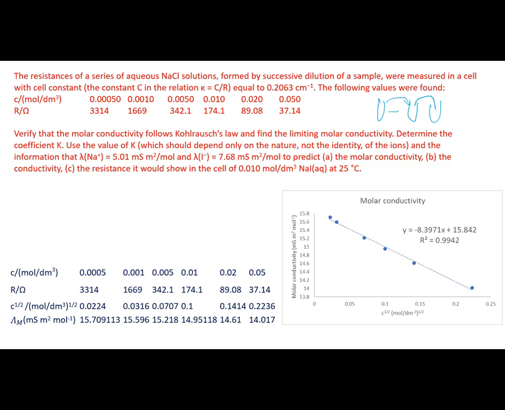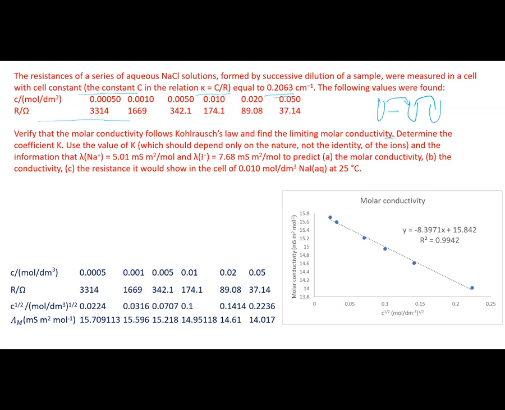And the resistance of these series of solutions were measured in a cell with a cell constant equal to 0.2063 centimeter inverse. The following values were found. So we have to verify that the molar conductivity follows Kohlrausch law and find the limiting molar conductivity.